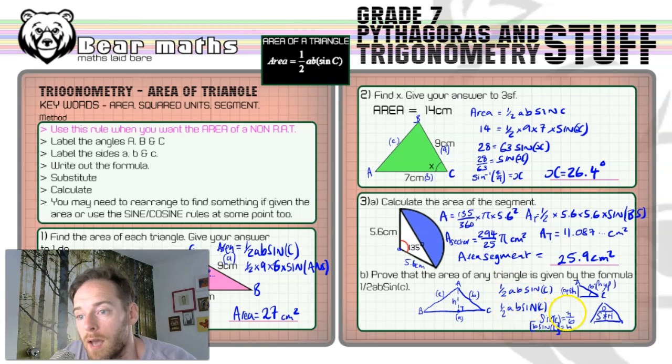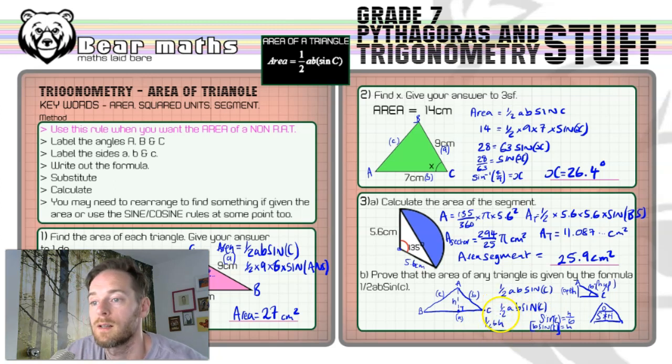We probably should write that as well. Half the base times the height is how you would normally work out the area of a triangle, and that's our proof. We've shown that sine C equals H over B, and then simply B sine C equals H. That might seem a little bit complicated, but this is all you have to do every single time. Remember those steps, and you'll be able to prove that any triangle can be worked out by that given formula.